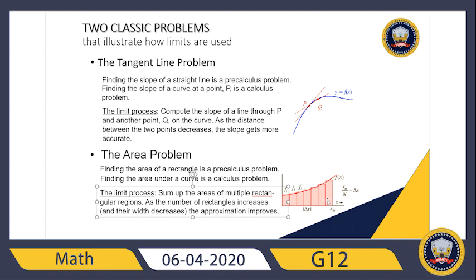In these two problems, I need a new concept, which is the limit process, or the limit concept. Once the distance becomes smaller, the slope or the area will get more accurate. This is the concept of the limit.